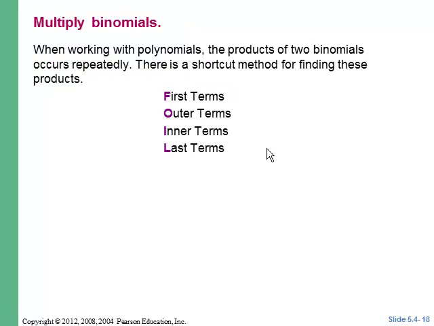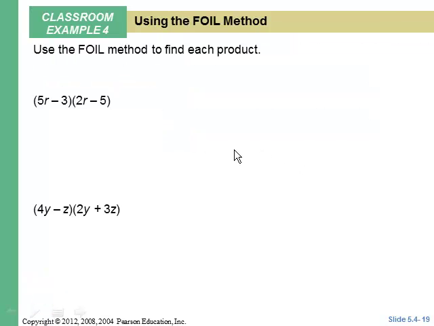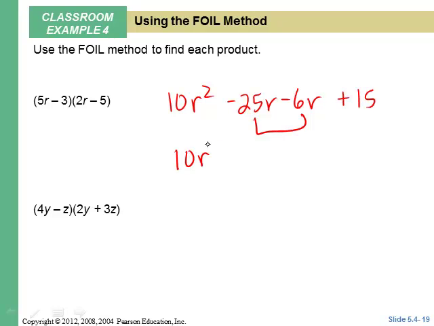As I said, the FOIL method is the way we've been doing these, and it works so slick. First is 10r squared. Outsides is minus 25r. Insides is minus 6r. Last is plus 15. Combine these two, we get 10r squared minus 31r plus 15.